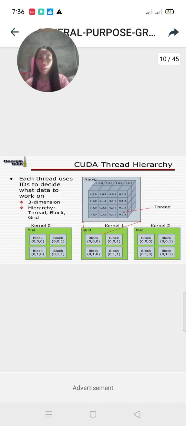Three-dimensional indexing provides a natural way to index elements in vectors, matrices, and volumes, and makes CUDA programming easier. Similarly, blocks are also indexed using the built-in 3D variable called blockIdx.